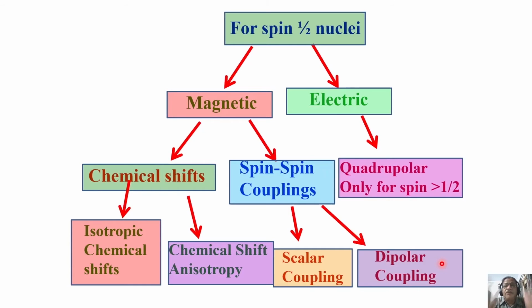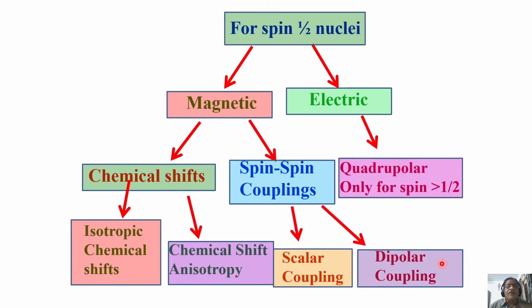Basically, in this course, we always concentrate on spin-half nuclei. We don't go to spin one nuclei, only in special examples to understand the coupling of spin-half nuclei with spin one nuclei. I take some examples and interpret the spectrum later. But at the moment, for most of our discussion, we concentrate only on spin-half nuclei.